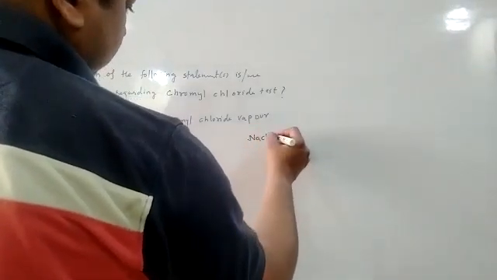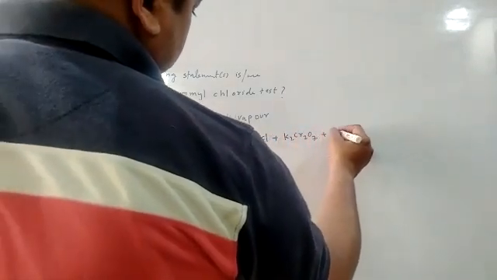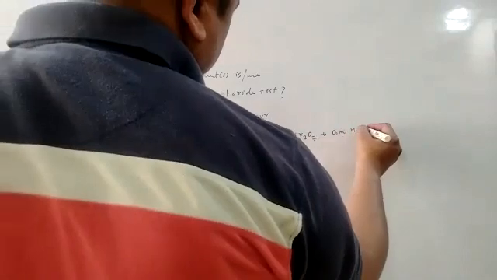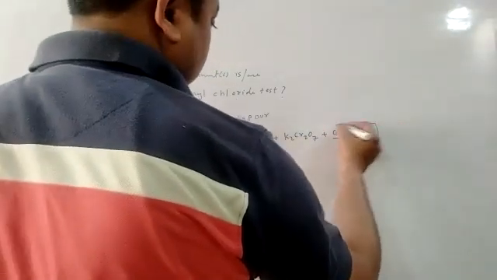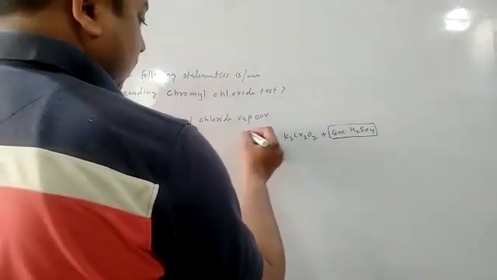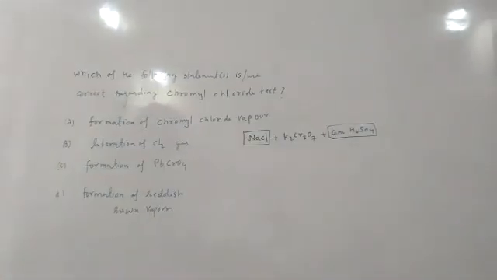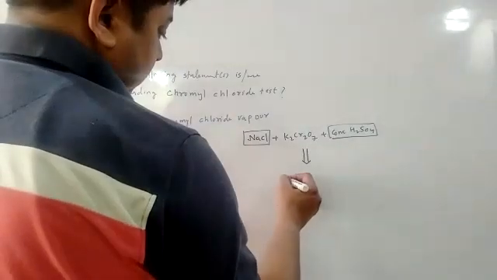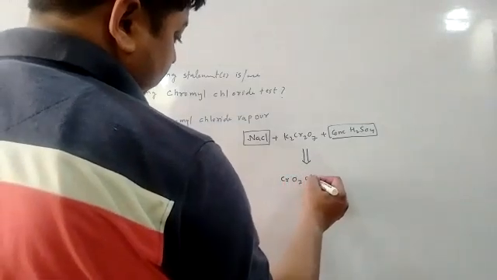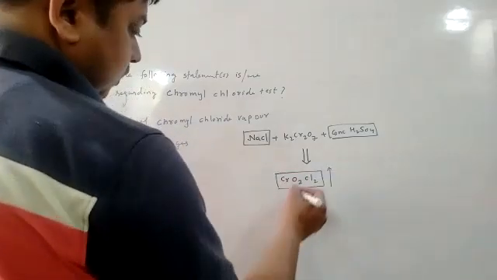When any ionic chloride reacts with K2Cr2O7 in concentrated H2SO4. Okay, so ideally, concentrated H2SO4 is there and NaCl is there, so there should be Cl2 gas formation. But in presence of K2Cr2O7, it is a special reaction and it will produce orange-red vapors of CrO2Cl2.